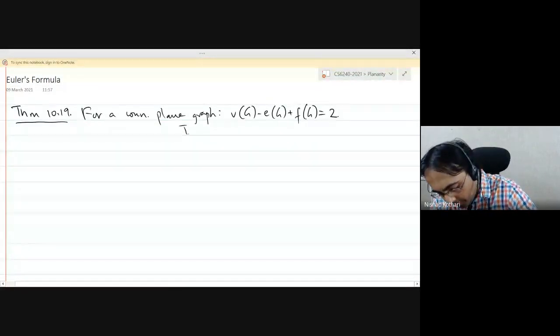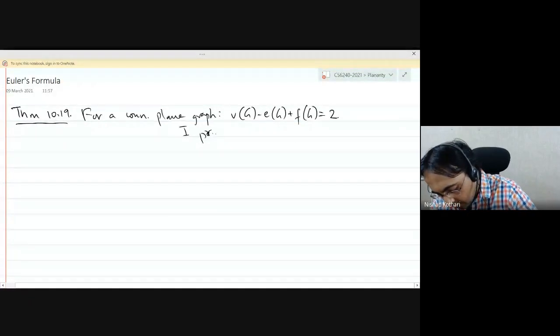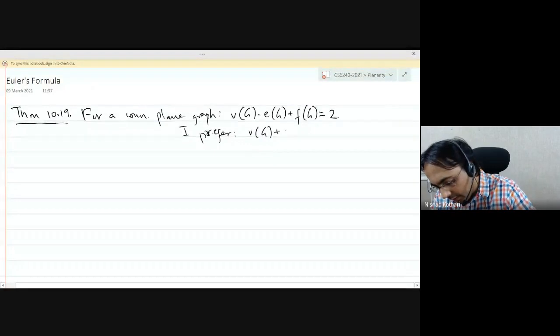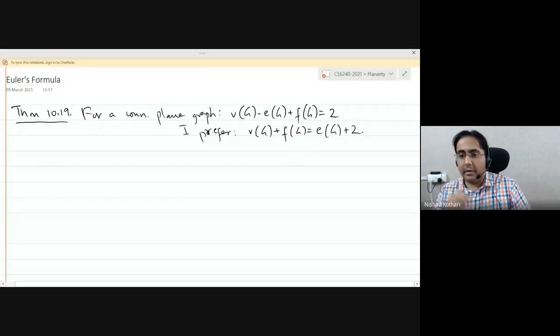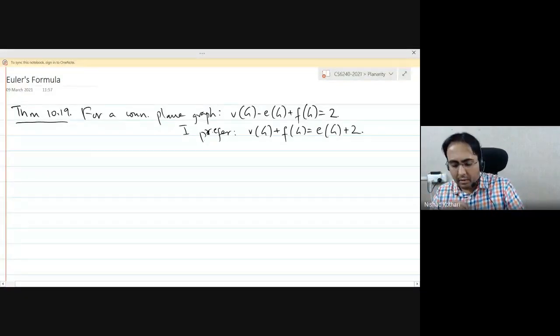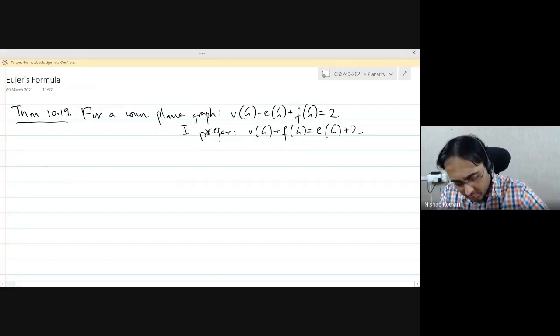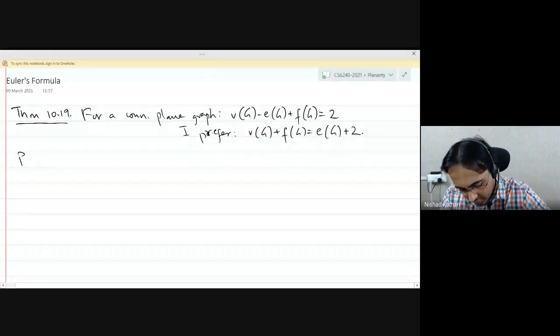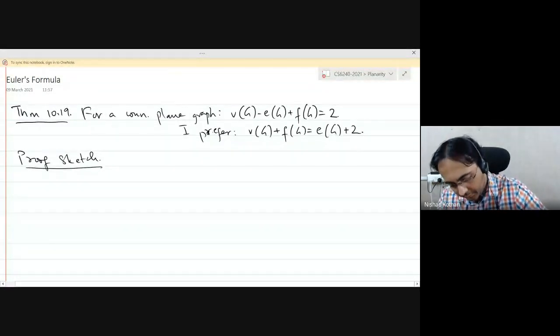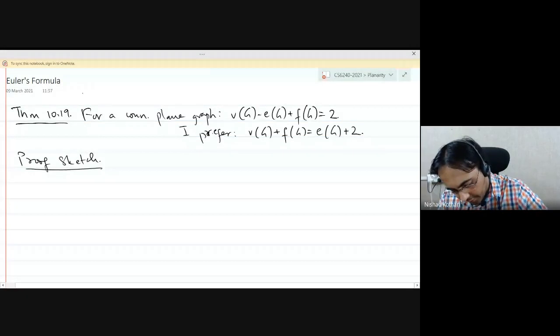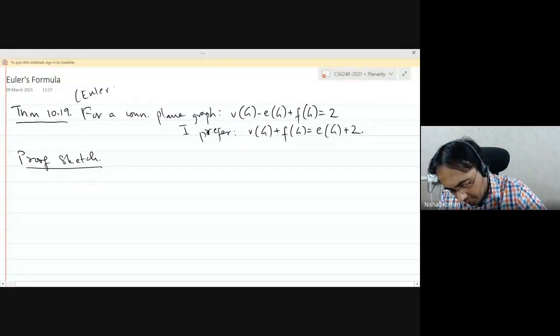From the point of view of proving it, I prefer to get rid of the minus signs because I think it just makes it easier to see the proof. So the number of vertices plus the number of faces is equal to the number of edges plus 2. Right? And let's just do a quick proof sketch of this. This must be from the 1700s since it was proved by Euler.